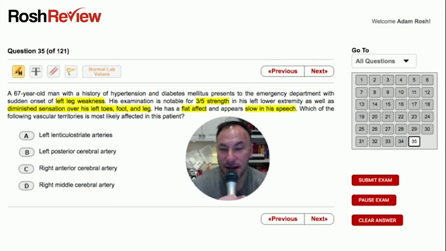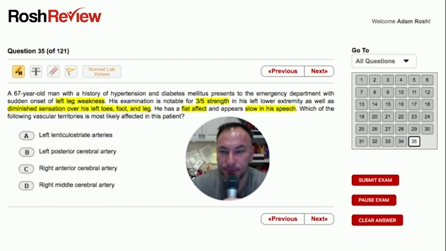But in this case, on an exam, right, things aren't always perfect. And what we really need to do in this exam is identify the key features given in this vignette and which most closely resemble the vascular territory here. And what we see here may differ than in clinical practice.